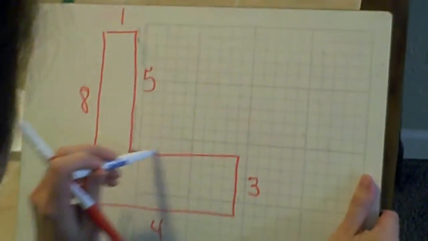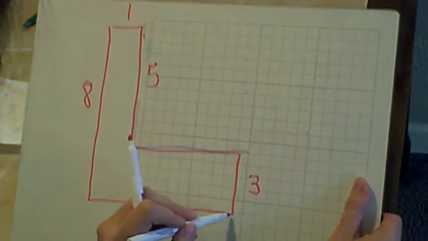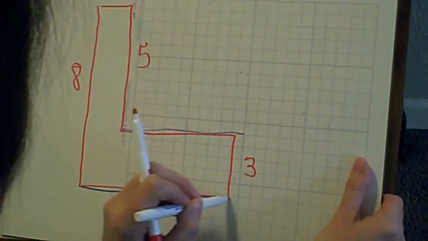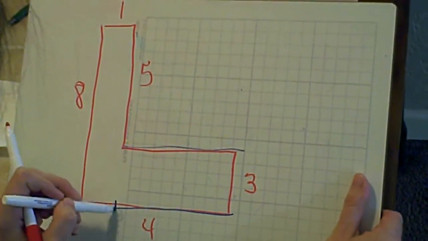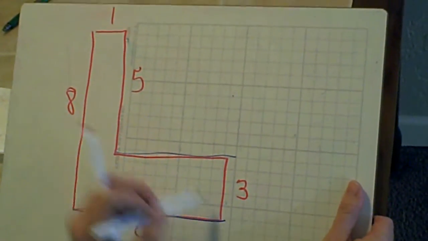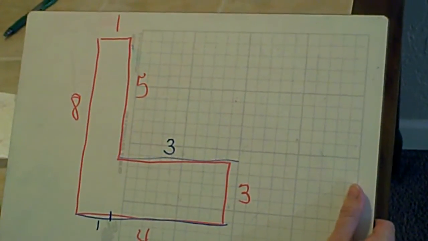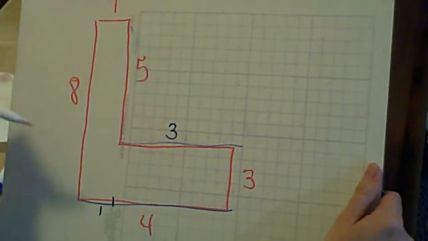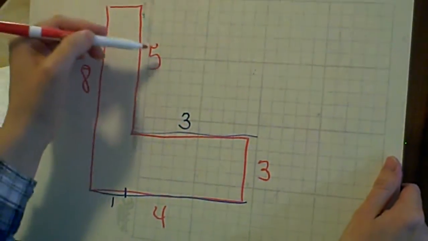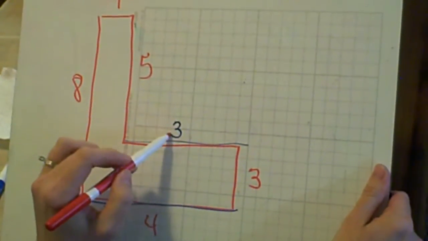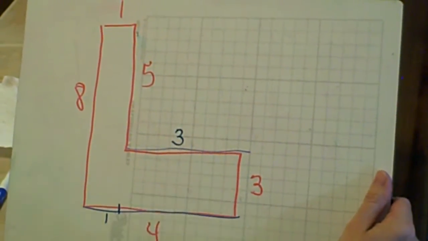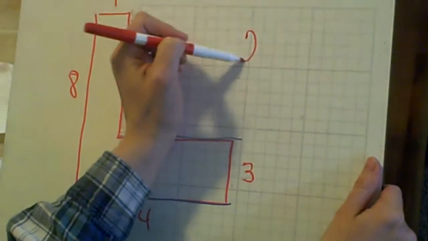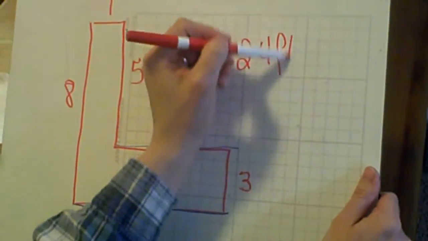I notice that I don't know how long this side is, but I do know that this whole thing is 4, and that this little section here is 1, which would mean that the remainder of it would be 3. So to find the perimeter, I'm going to add them all up. 8 plus 1 is 9, plus 5 is 14, plus 3 is 17, then 20, and then 24. So our perimeter is 24 feet.